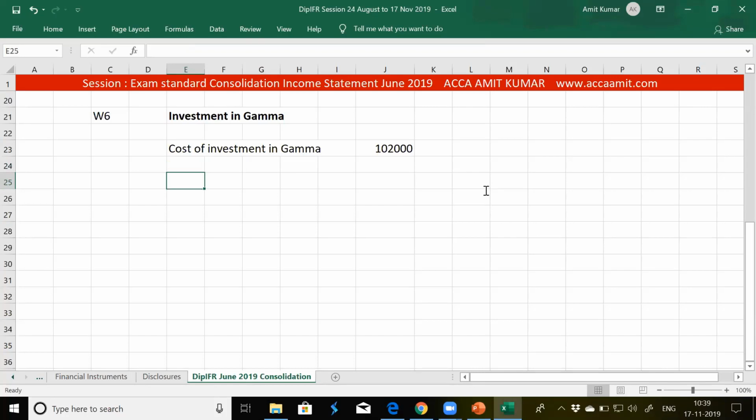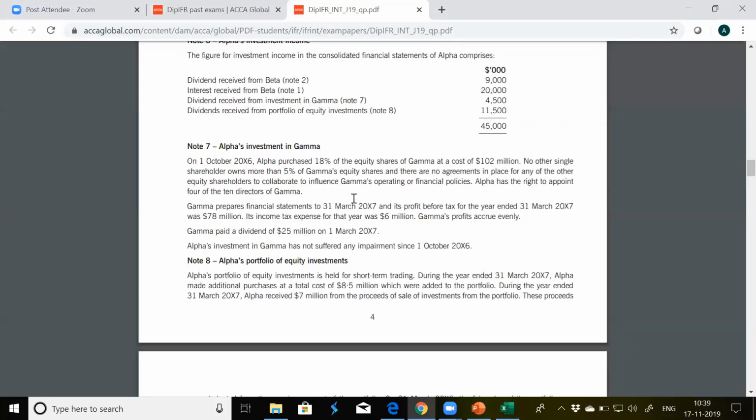How much is the post-acquisition profit? Gamma prepares financial statements to 31st March 2007 and its profit before tax for the year ended 31st March 2007 was 78 million. Its income tax expense for that year was 6 million. Gamma's profits accrue evenly. So how much is the profit for the year? If 78,000 is the profit before tax, the after-tax amount is 72 million. Out of this 72 million, how much belongs to Alpha?